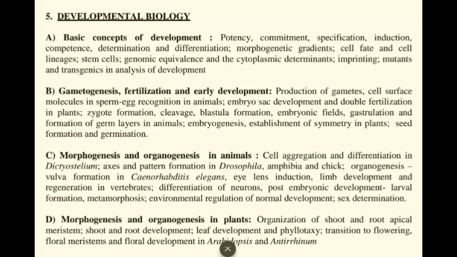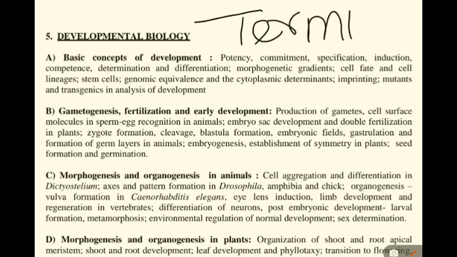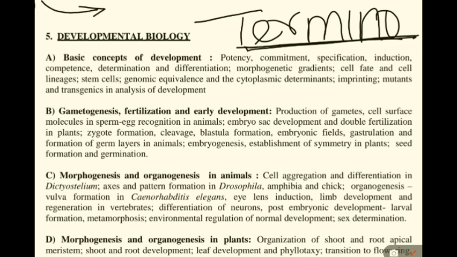Next, about developmental biology. One should learn developmental biology. We should know the basic terminology. Terminology is important while learning developmental biology. What is a stem cell? What is a totipotent cell? What is the difference between an embryonic stem cell and an adult stem cell? What is pluripotency?